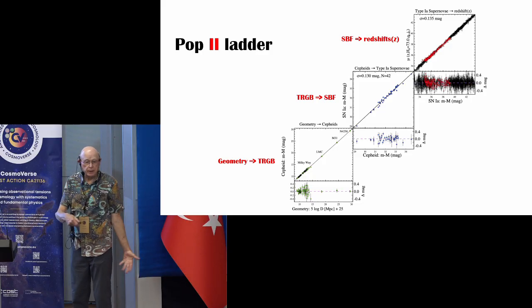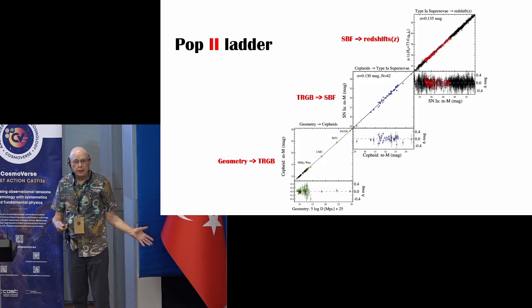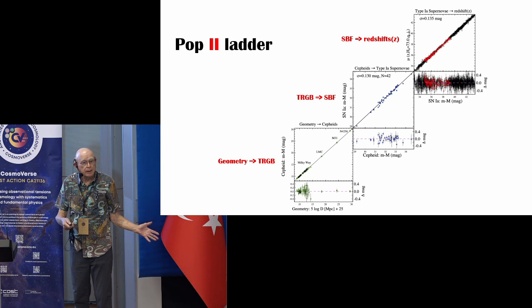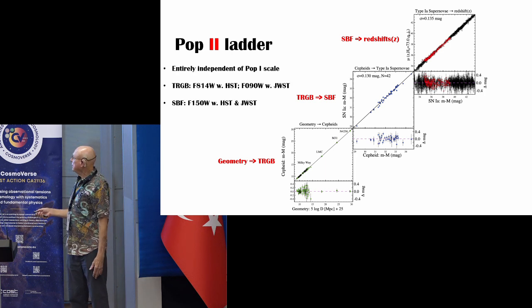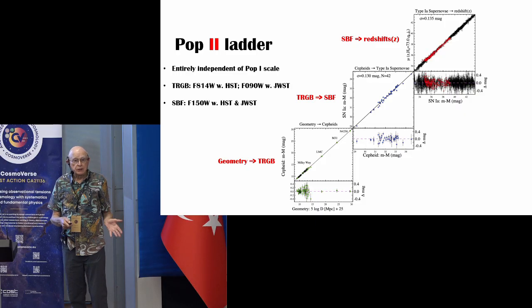And then that's calibrated geometrically with Gaia parallaxes at the bottom end. So that's an entirely independent methodology, and it's going to be using basically James Webb information.